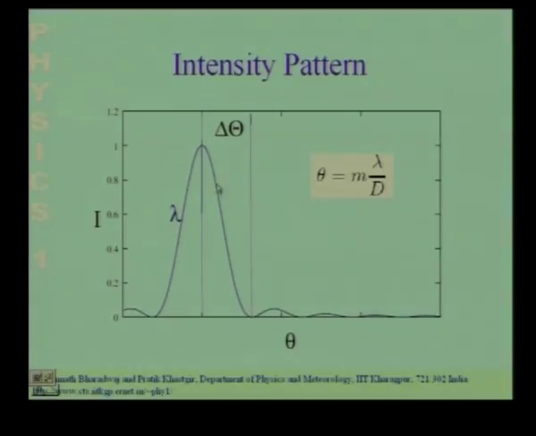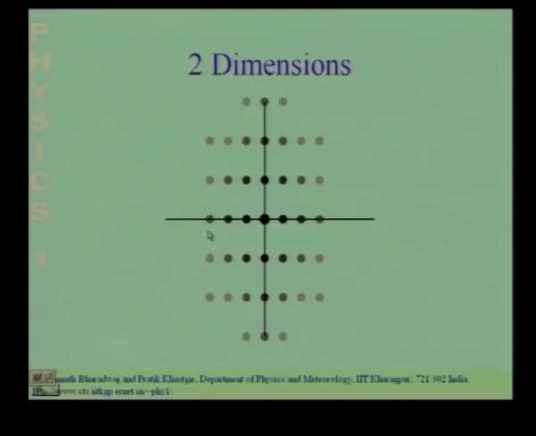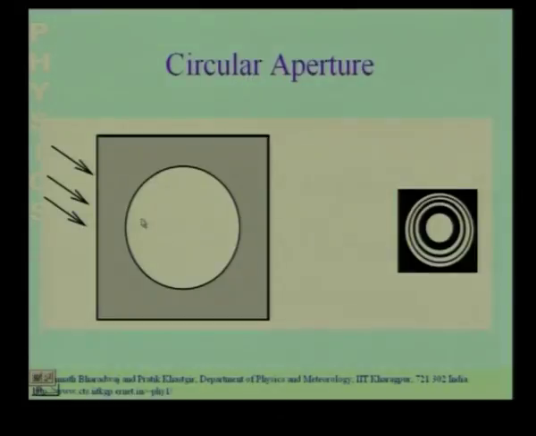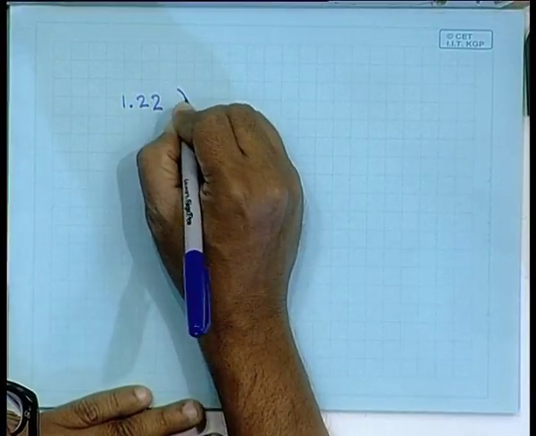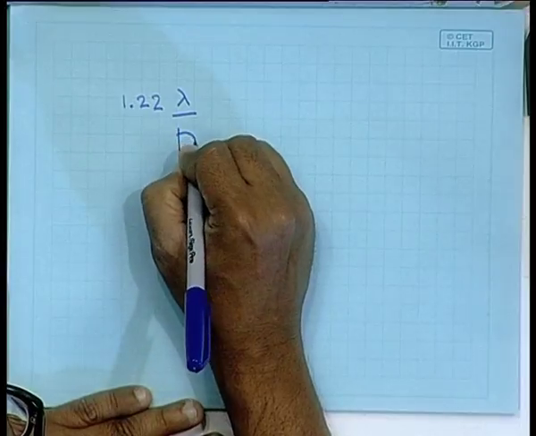We had calculated this, it was lambda by d. We will not do the calculation for a circular fringe. I will just tell you the result. There is a small modification when you do it for the circular aperture, and instead of being lambda by d, it is now 1.22 lambda by d.